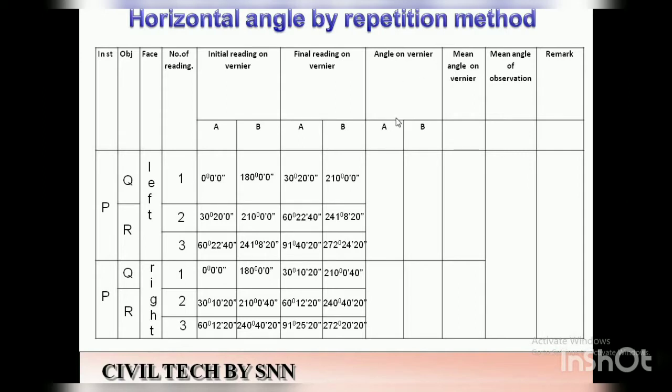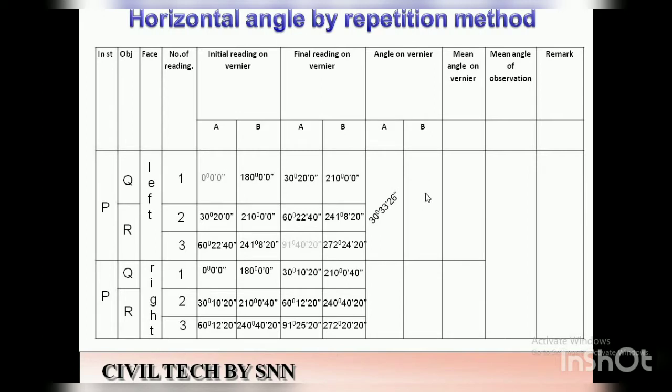So here two verniers, vernier A and vernier B. So first find the angle on vernier A. So here this is the final reading on vernier A, and initially we set this reading, that is 0 degree. So the difference between these two readings divided by 3, because we take 3 readings, you will get the angle on vernier A, which is 30 degree 33 minute 26 second.